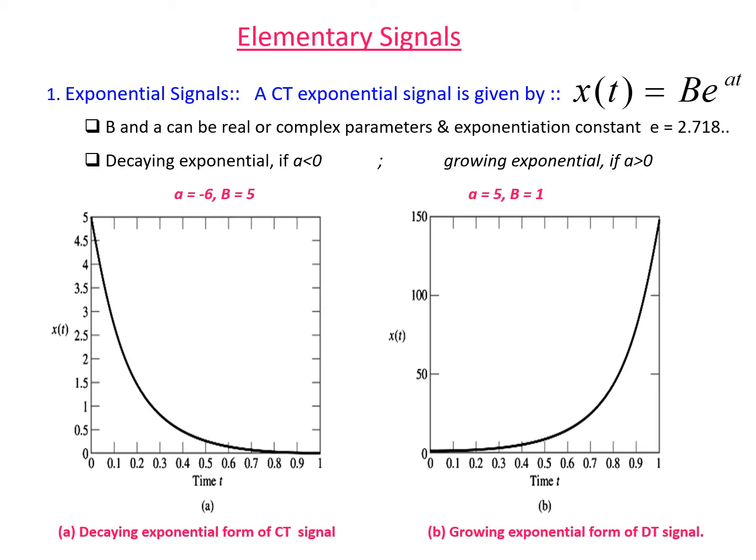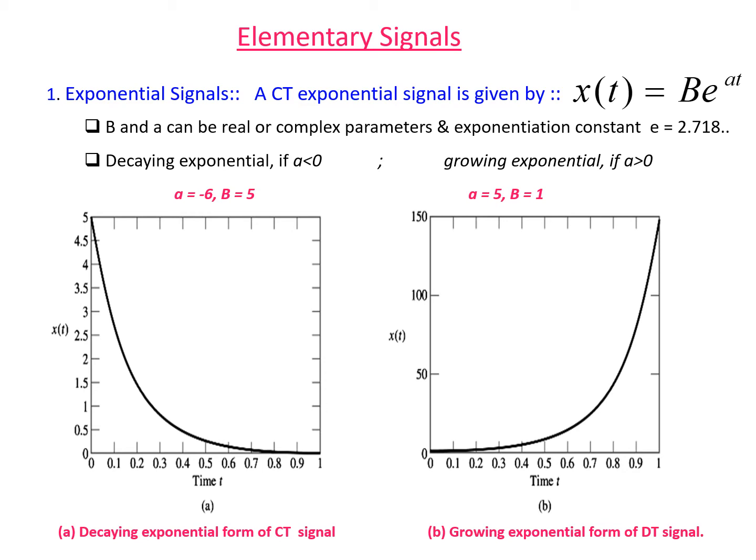If x varies with respect to time as per the equation b into e to the power of at, then such a signal is said to be an exponential signal, where e is the exponentiation constant, that is 2.718. Here b and a are constants.